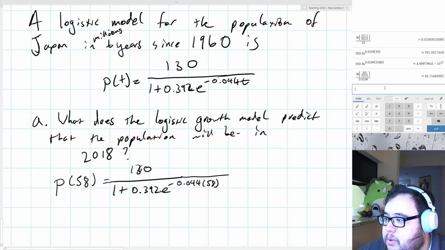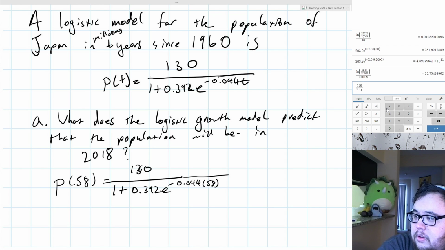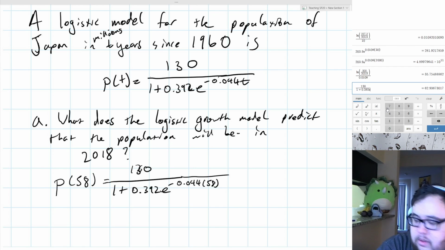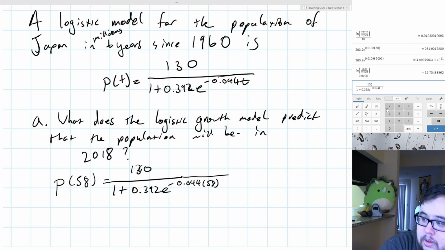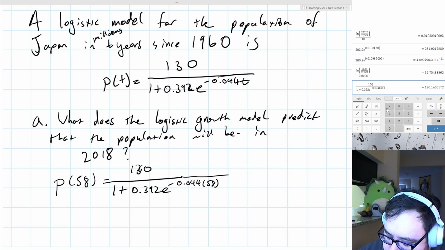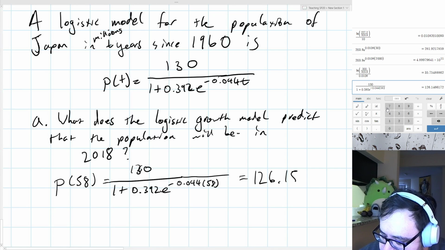And when we plug that into a calculator, we get 126.15 million.